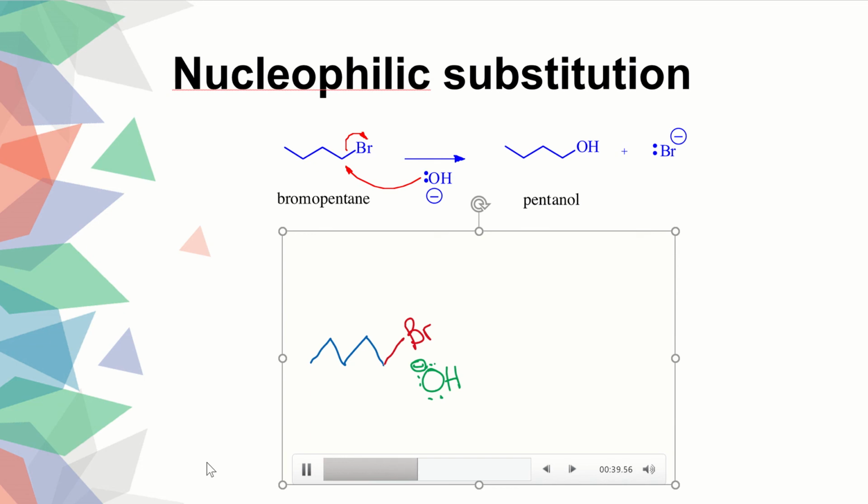So the arrow starts here at the source of the electron, and it goes to the electrophile, or the electrophilic center, right? So that is the carbon, that is delta positive, and then this bond breaks.